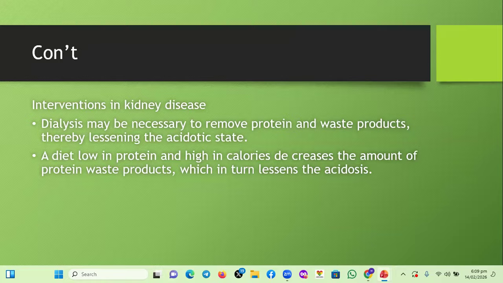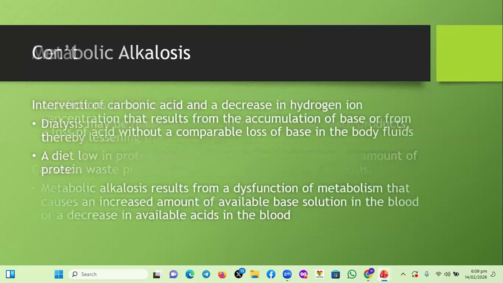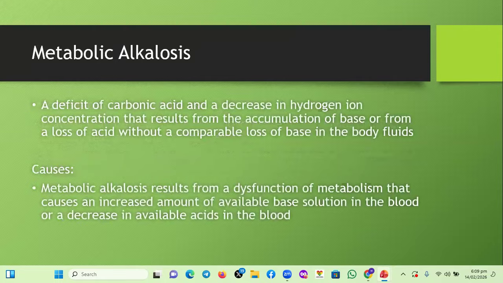Amino acid. And so it largely gets eliminated through the kidneys. And so if the kidneys are affected, it means that there will be buildup of waste products of protein. And so the individual has to limit the intake of protein in order to decrease the waste product of protein that accumulates within the system, leading to the acidosis. That brings us to an end to metabolic acidosis.